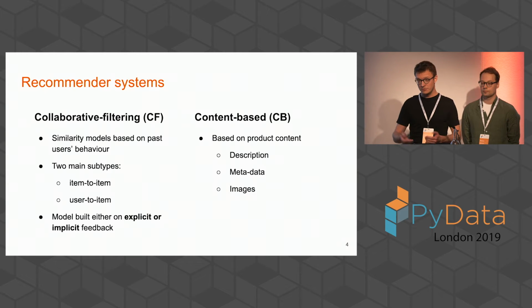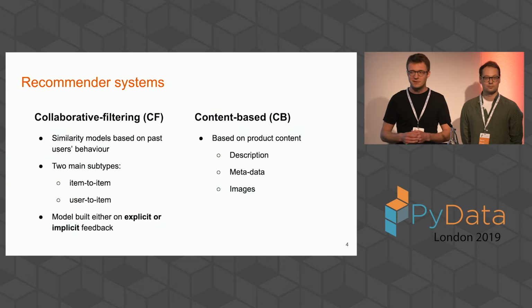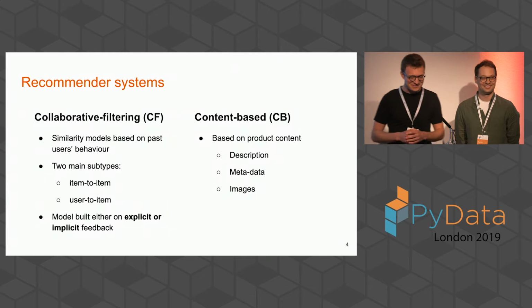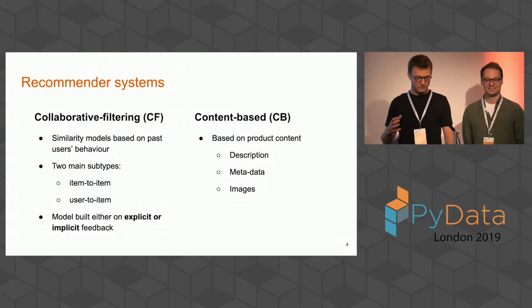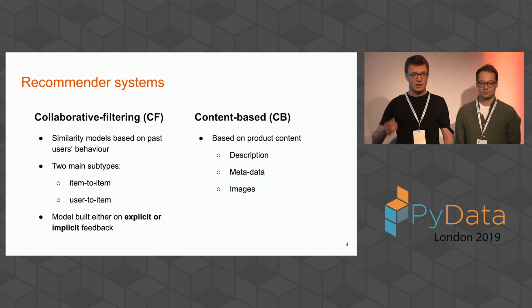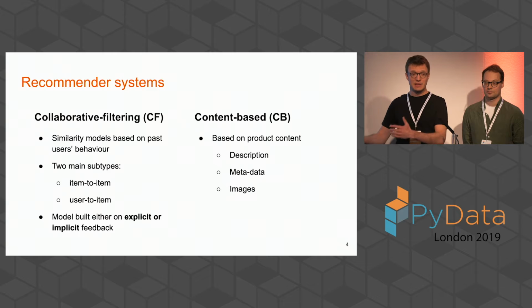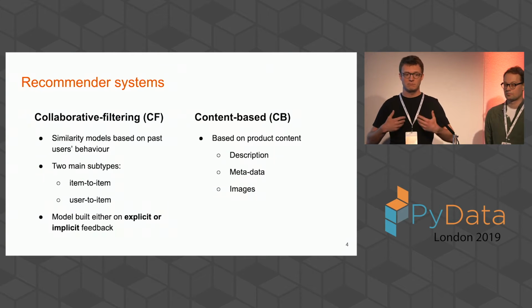And further on in this presentation, we will use collaborative filtering in this broader sense. And we define two subtypes of collaborative filtering, namely item to item, when you recommend similar products to a given product, and user to item, when you recommend products to a user profile.